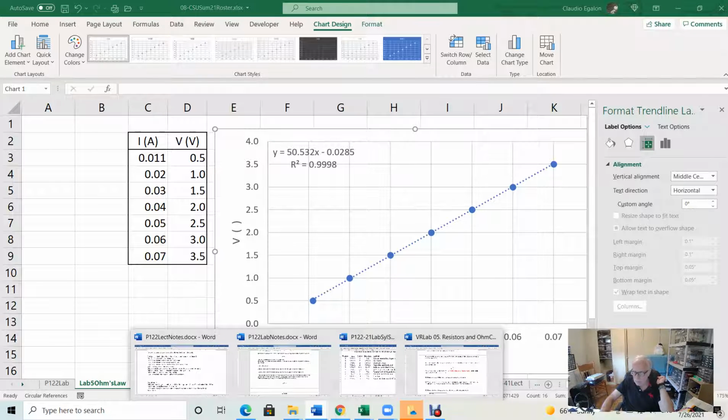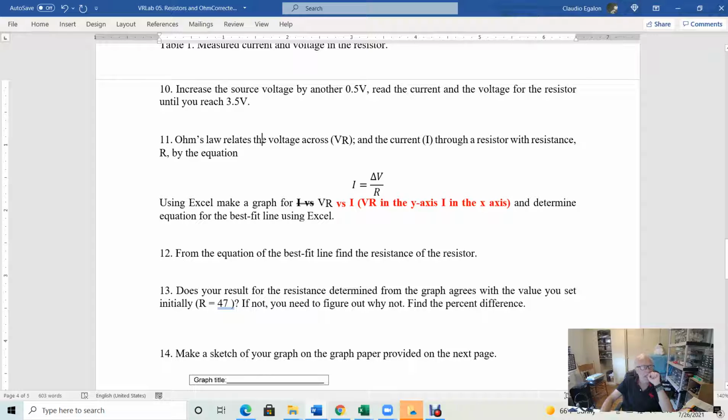Let's move forward. 245. Okay, we have more time to go ahead here. Resistance of the resistor. Just put what I got in there, 50 ohms. I'm getting 50 ohms. It's supposed to be 47. There is a difference in there.